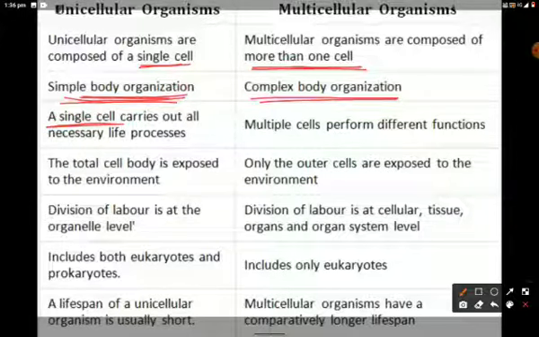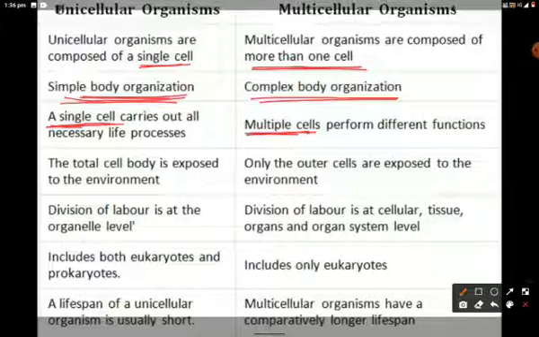Here, multiple cells perform different functions. Only a single cell performs all activities in unicellular organisms, while multiple cells perform different activities in multicellular organisms.